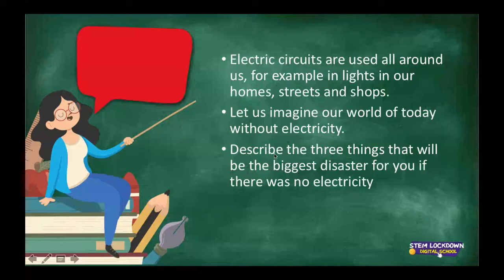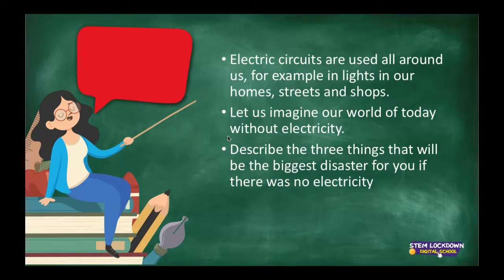Now, we know that electric circuits are used all around us. For example, in the lights in our homes, the streets, and the shops. Now, I want you to imagine our world today without electricity. So just take a few seconds and just imagine the world without electricity.